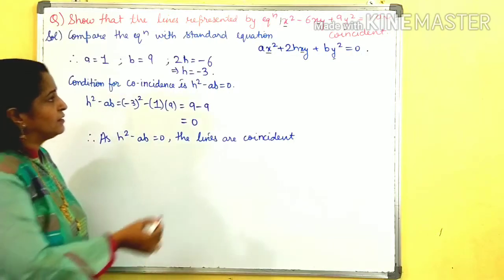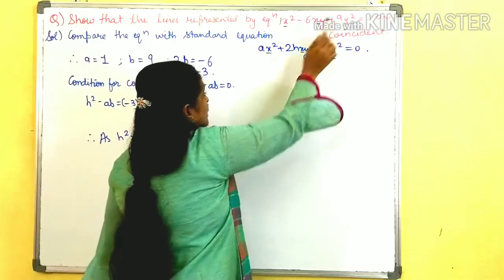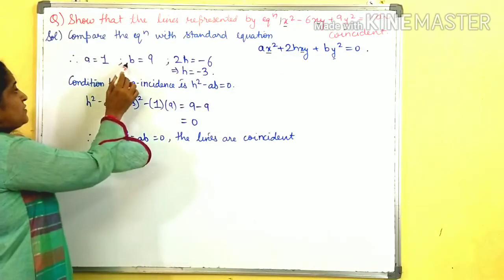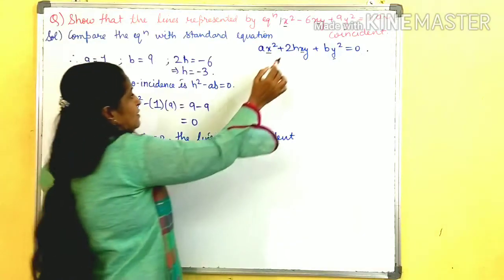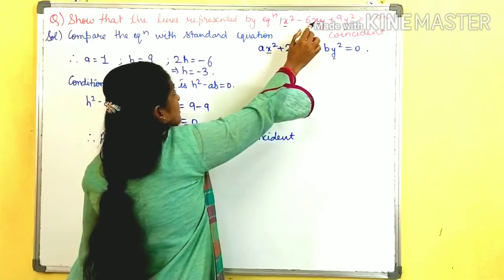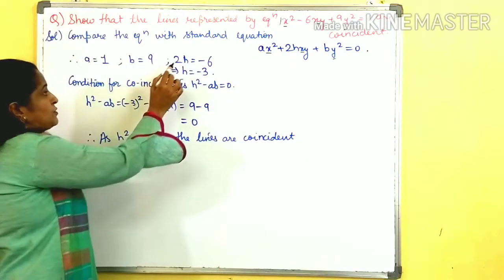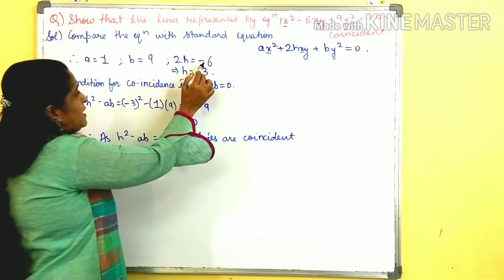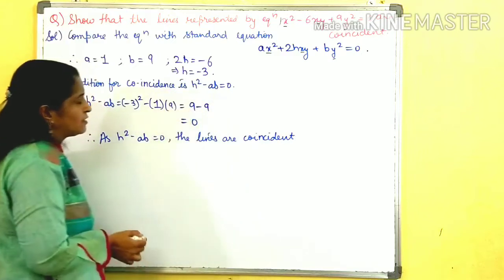Then coefficient of y square, b is nothing but 9. b is equal to 9. Then coefficient of xy, which is 2h. Here coefficient of xy is minus 6. So 2h is equal to minus 6, which implies h is equal to minus 3.